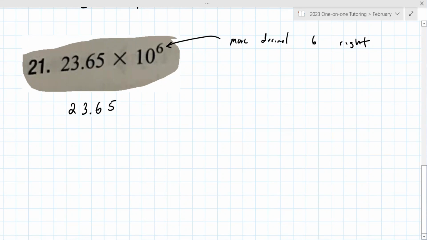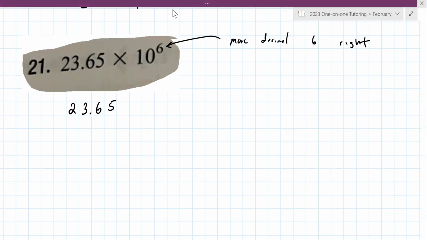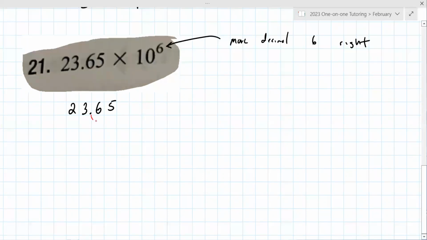So you rewrite the number, and then you move it. And again, I like the analogy of egg cartons, where the little egg holders are, and each time you move it, you count 1, 2, 3, 4, 5, 6, and you fill in those empty spaces with eggs, with zeros.